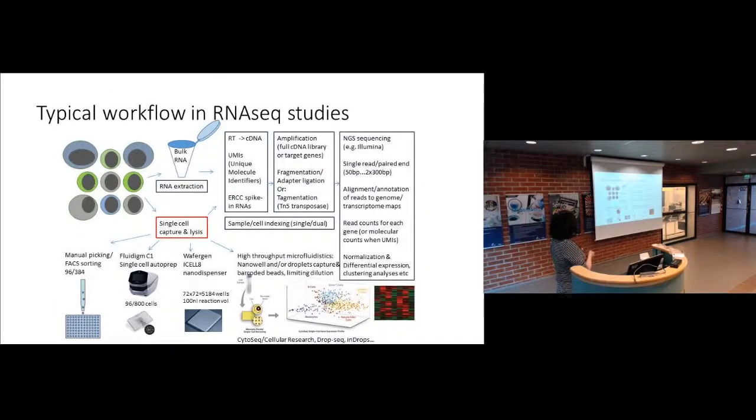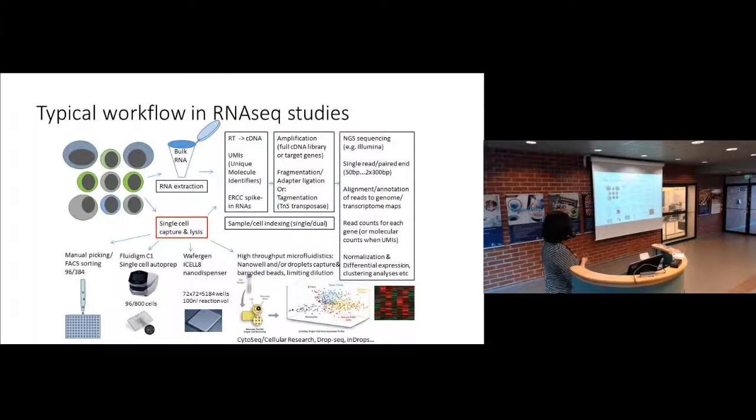So bulk RNA-seq and single cell RNA-seq are otherwise similar protocols, except that in the beginning, instead of lysing the whole tissue piece or a million cells from the blood, you first have to capture them cell by cell in 96 well plates.